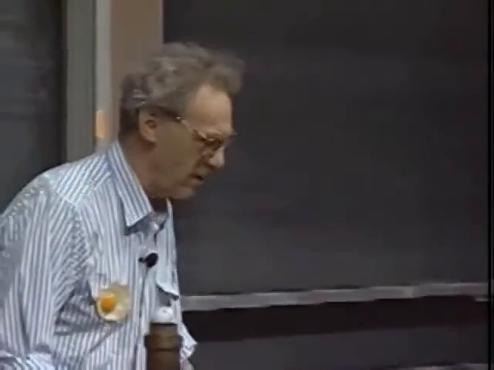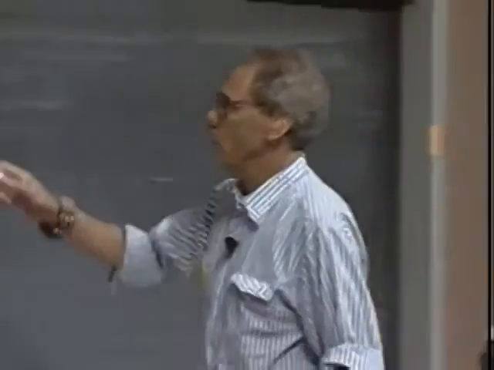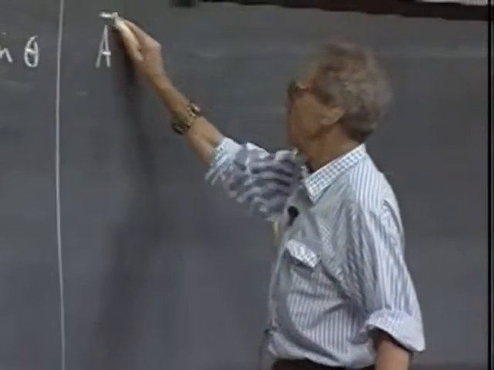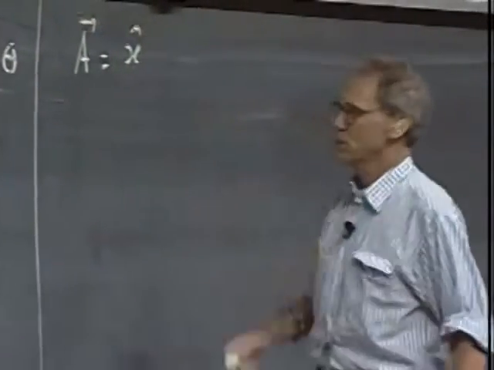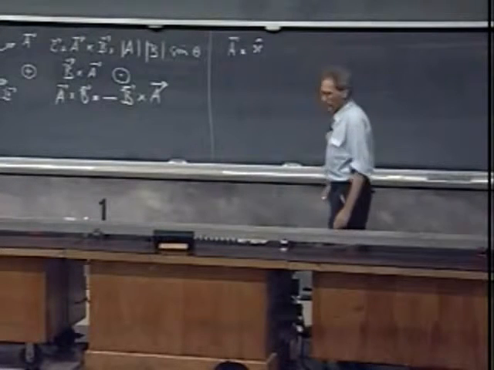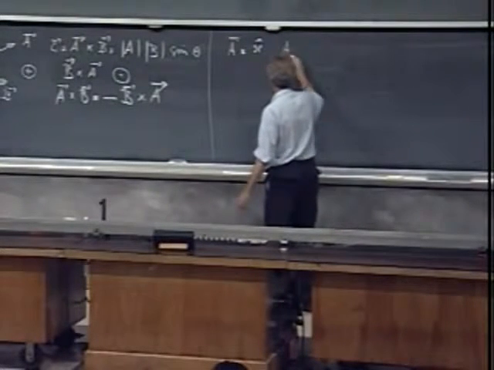Let's take an extremely simple example. Again, I don't mean to insult you with such a simple example, but you will get chances, more advanced chances, on your assignment. Suppose I gave the vector A is x roof. It's a unit vector in the x direction. That means A of x is 1.